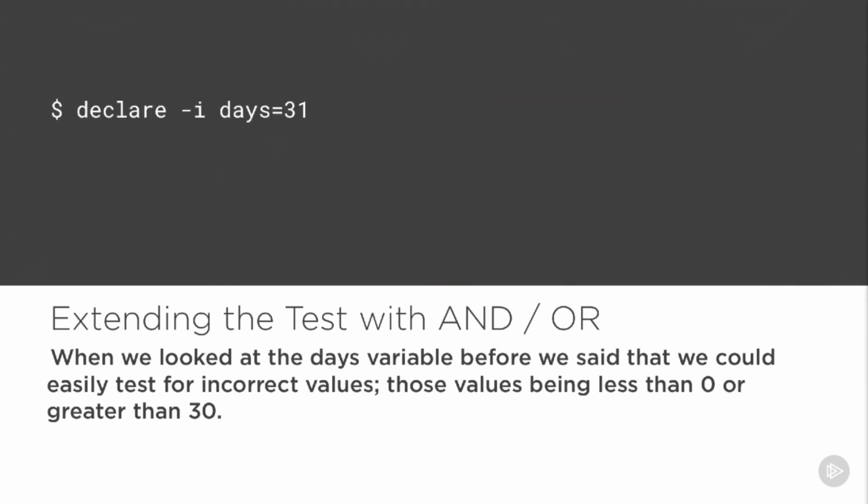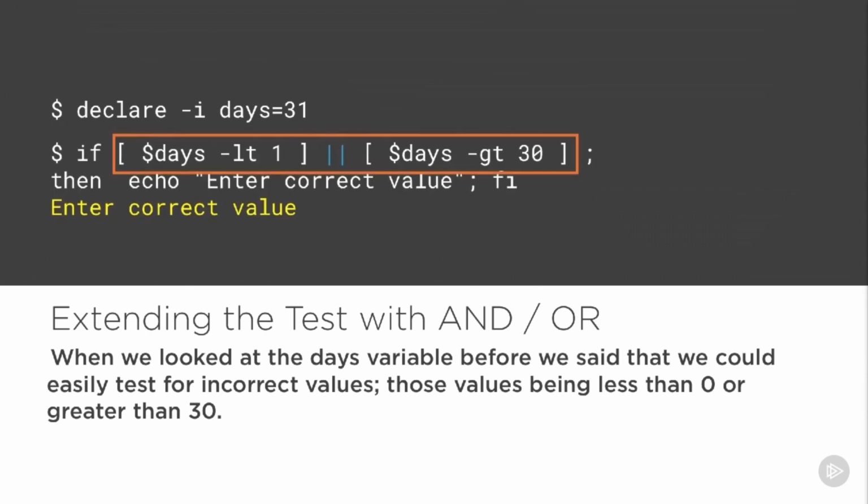So here where we've set it to 31, we can use our OR operator between the two tests. You see we've got our square brackets testing for being less than 1, and we've also got the square brackets testing $days to be greater than 30. We join these two evaluations together using the two vertical bars, the OR operator that we saw before.